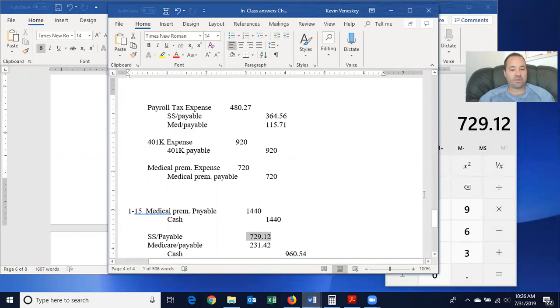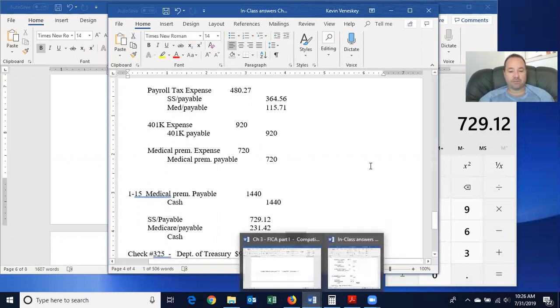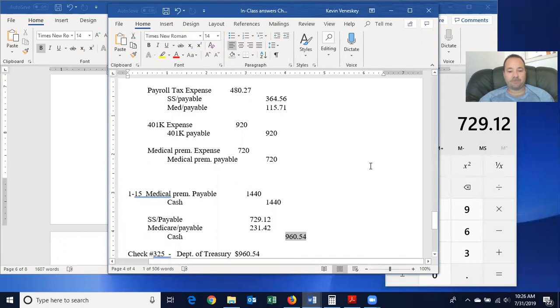I debited my Social Security payable. I do the exact same thing for Medicare and then add them up to see how much I need to pay. Then I would have written a check, because Social Security and Medicare money goes to the same place. So we write a check to the Department of Treasury, and then we put on there that it's for our FICA taxes, $960.54.